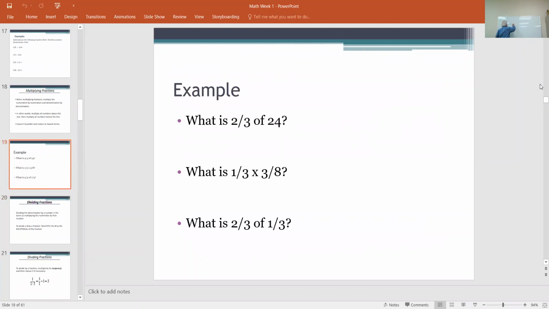What is 2/3 of 3/8? Okay. When we have a term like 2/3 of 3/8, we're multiplying 3/8 by 2/3.